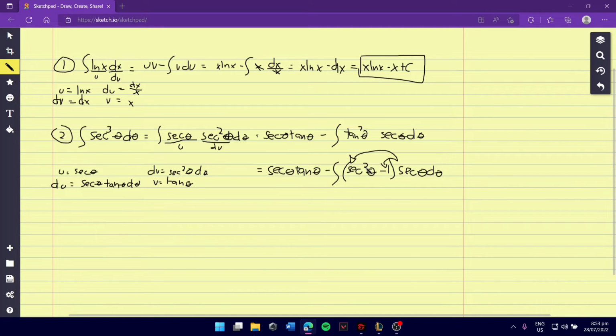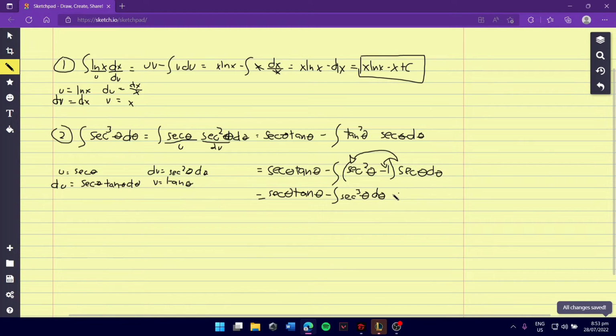Since this is negative, this will become positive. So this will become secant theta tangent theta minus secant cube theta, then secant cube theta d theta.